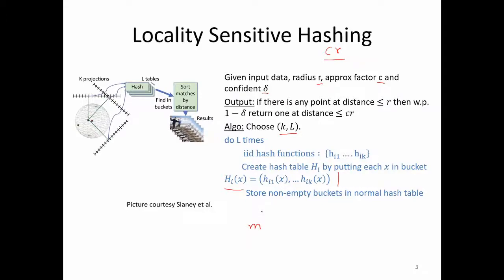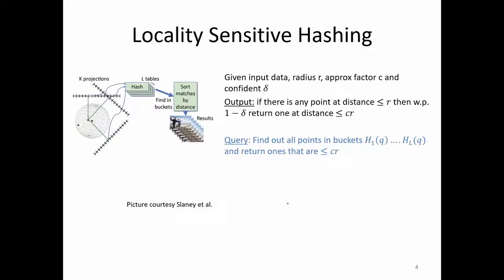So here actually you will be getting m to the power k many different hash buckets. Okay, but many of these hash buckets will be empty, so you only need to store the non-empty hash buckets. Another thing to note here is that you just need to store pointers.